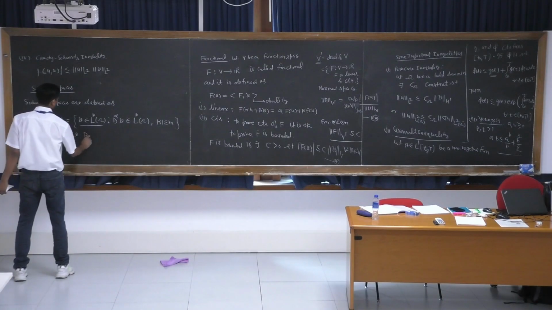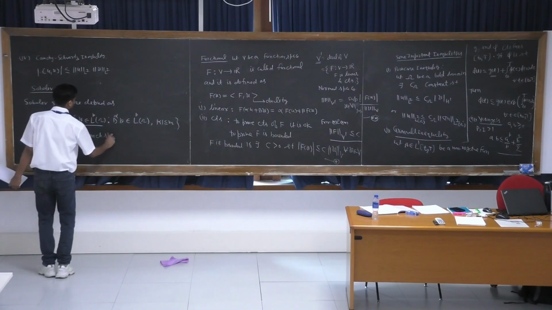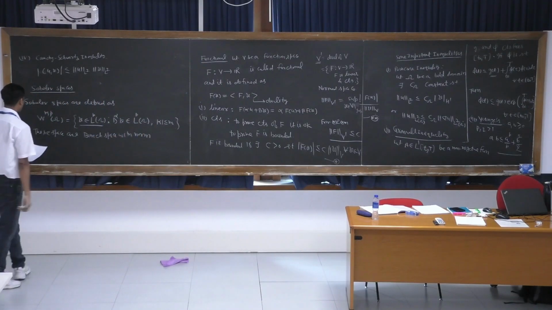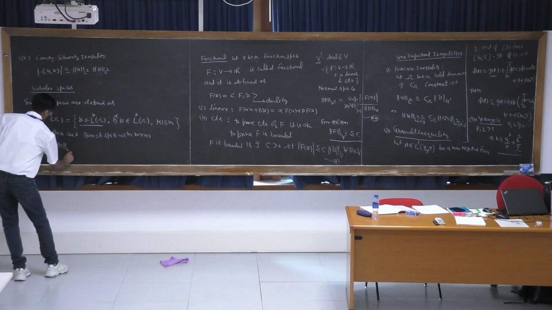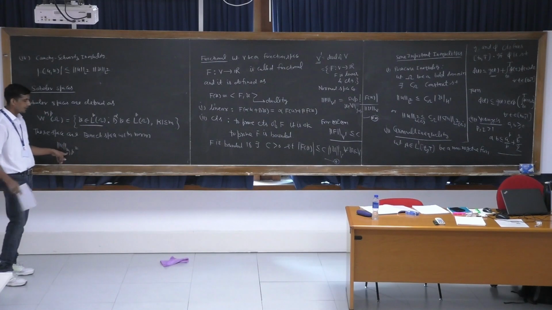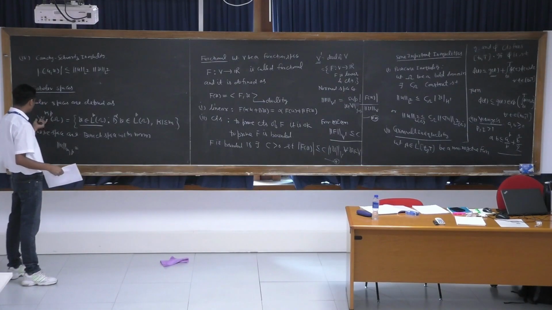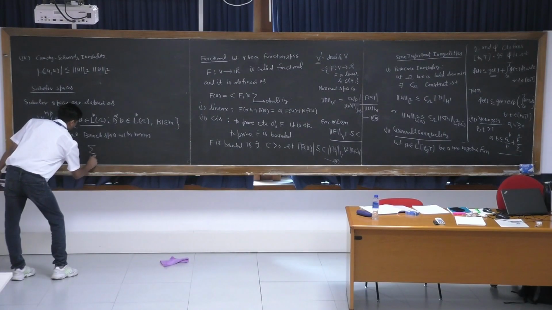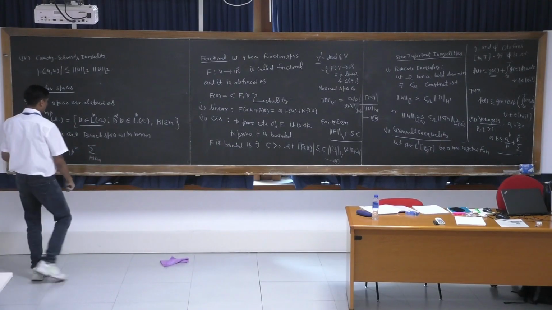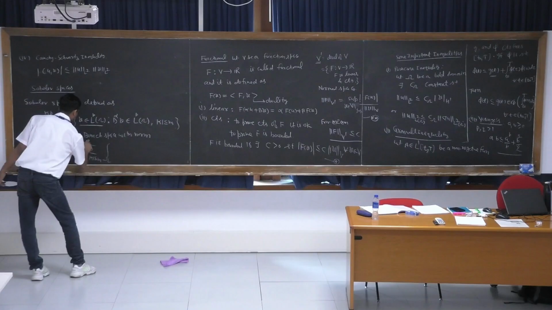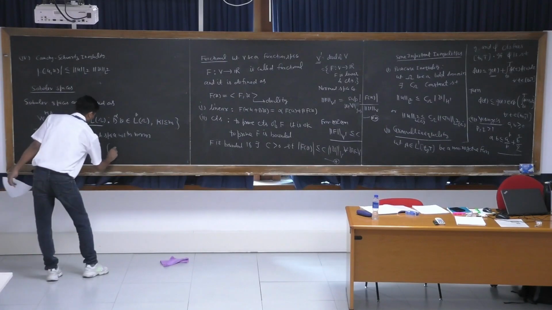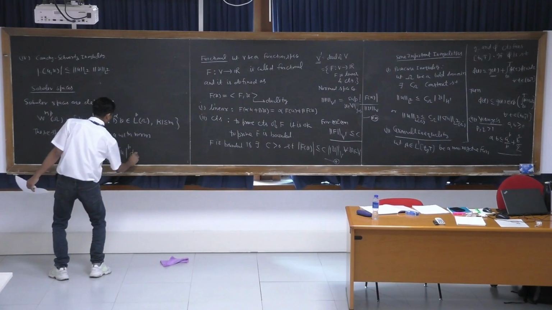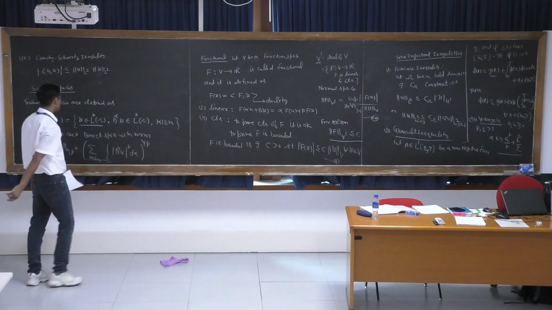These are Banach spaces with norm. If you define the norm of u in W^{m,p}, it is equal to the summation over mod alpha less than or equal to m of the integral over the domain omega of |D^alpha u|^p dx, to the power 1 by p.